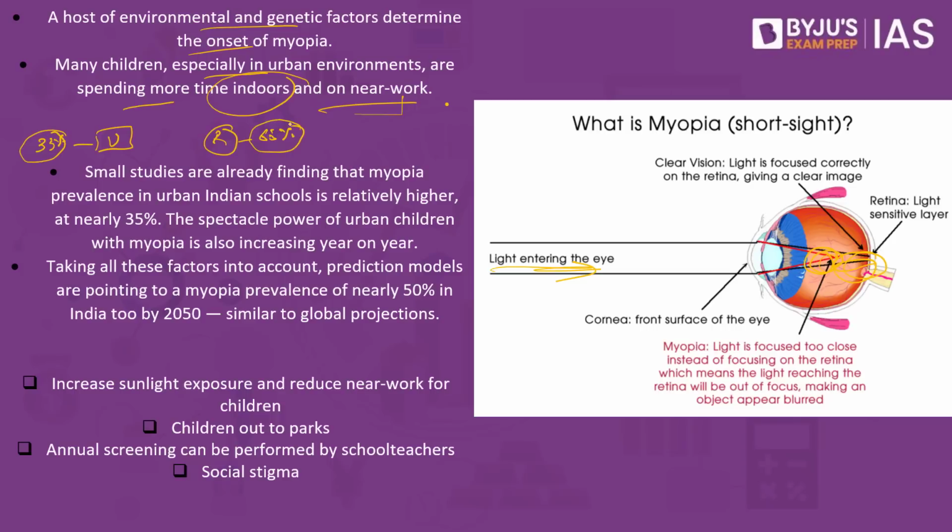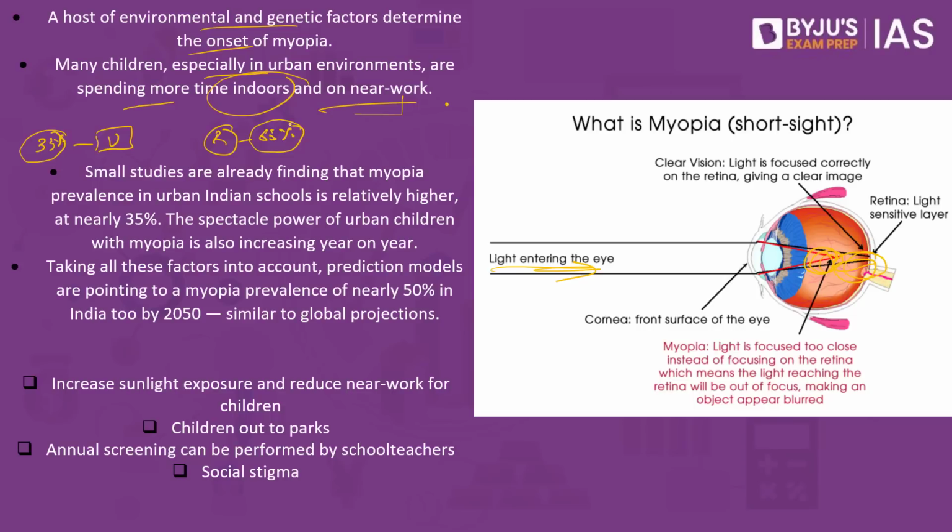Why is it more in the urban areas? Because children are always at home, they are constantly reading, they are always on their phones, they do not play as well, they do not go on to the fields, but in the rural areas, they are almost always playing, they engage in field activities. So the impact is more in the urban areas than in the rural areas.